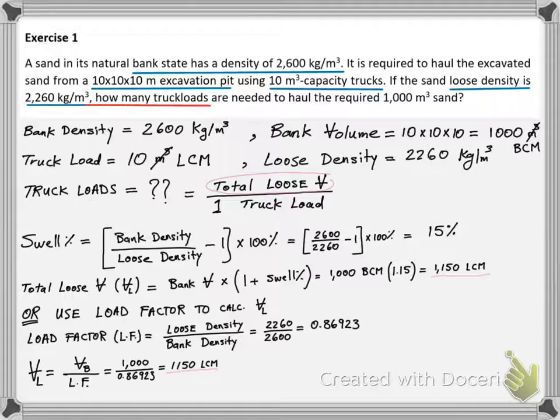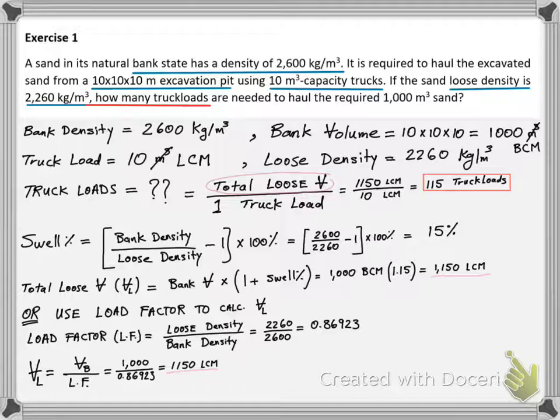Either way will give you this VL, loose volume. So now we have VL, total loose volume, divided by the truckload. That will give us 115 truckloads, and that will be the end of this exercise.